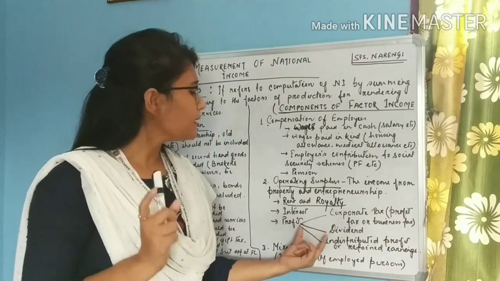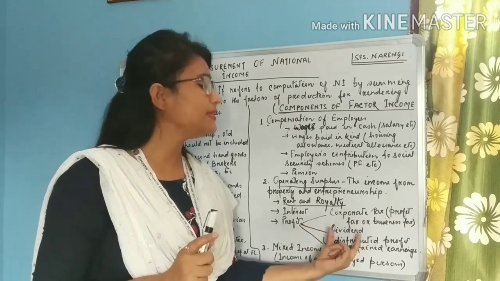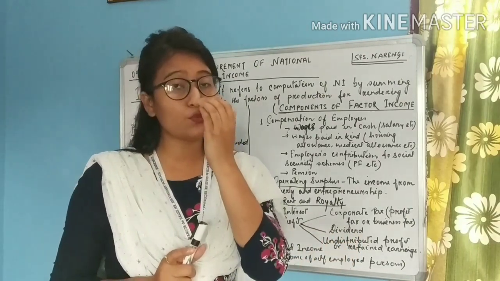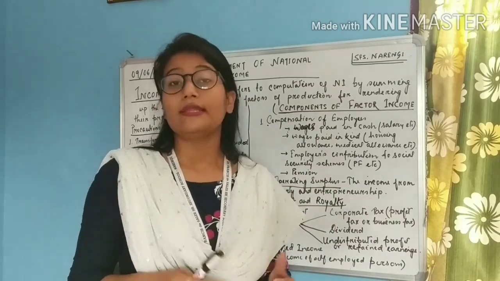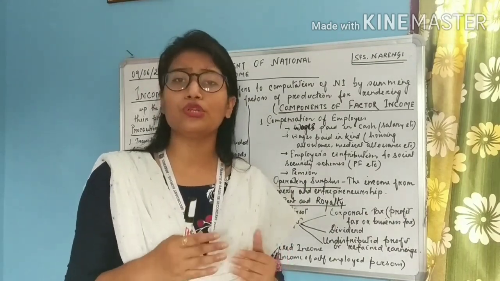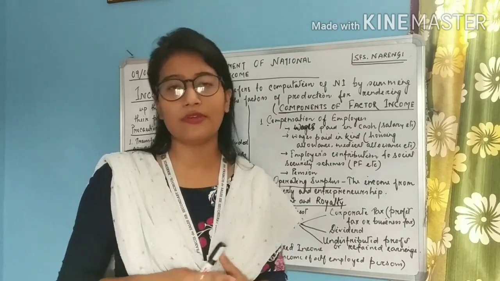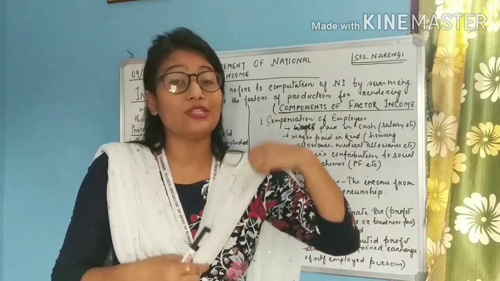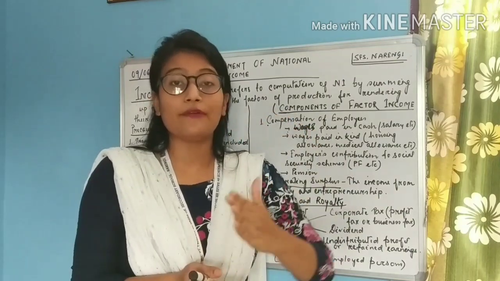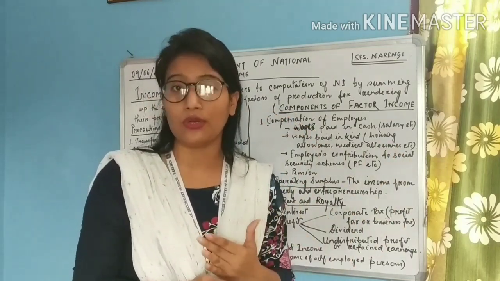Second, some share of the profit is used to give dividends. Dividends mean, students, I may not be the sole owner of a company. There may be partnership among 2, 3 or 4 members, or it may be even more than that. So what happens when the production activity generates profit? That profit will have to be distributed among the shareholders, right?